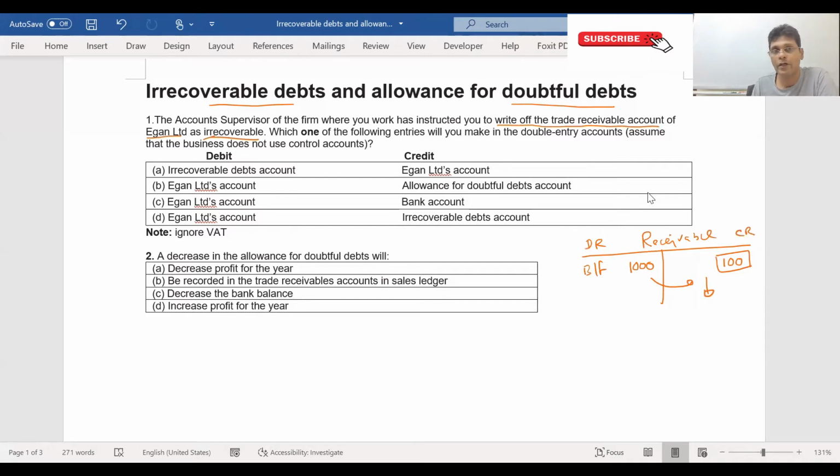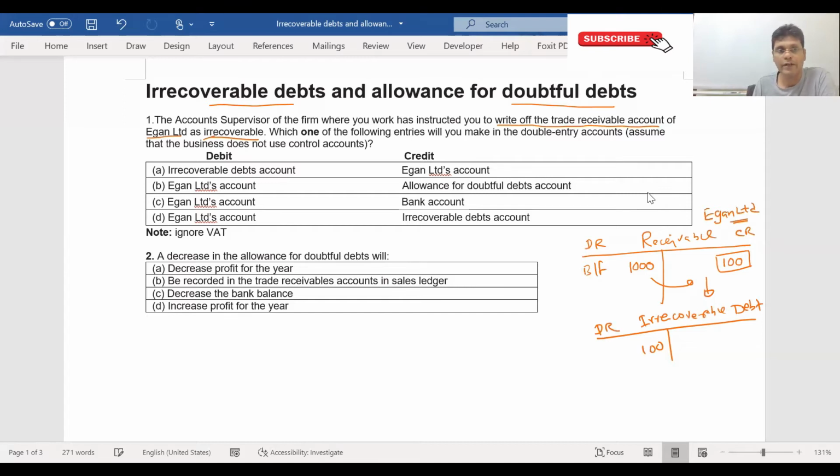Receivable account means Egan Limited is the debtor, the customer. So his account has to be credited, and you need to debit irrecoverable debt account as an expense.